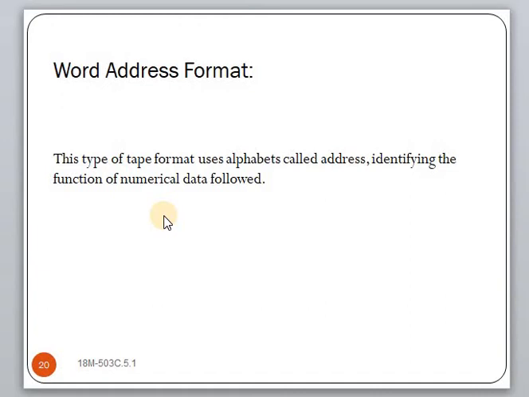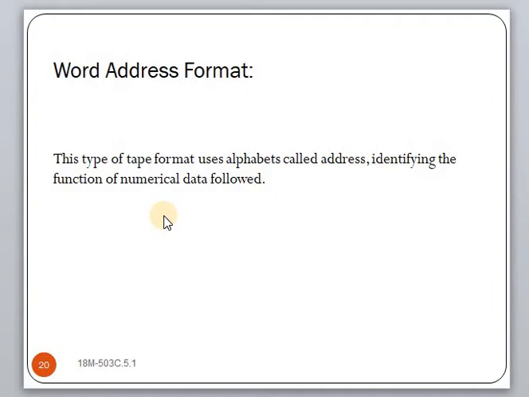So first one, word address format. This is a format that is used on virtually all modern controllers and will be explained in greater detail. With this type of format, each type of word is assigned an address that is identified by a letter code within the part program.